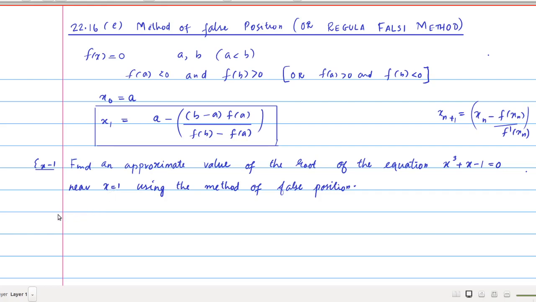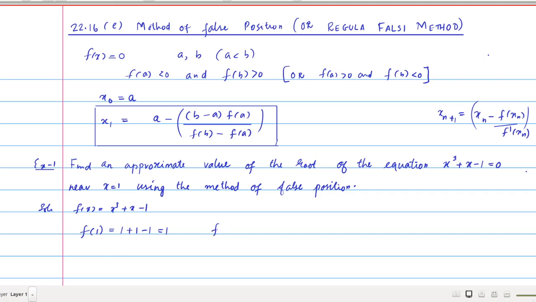So first of all, for the solution we write f of x. f of x is equal to x cube plus x minus 1. It is given that the root is near x equal to 1. So first we find f of 1. That gives 1 plus 1 minus 1, which is equal to 1. Then we verify f of 0 and f of 2, the 2 consecutive integers near this 1.